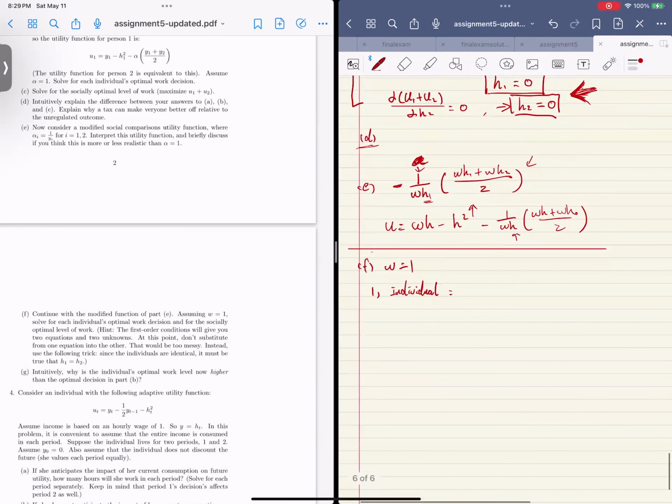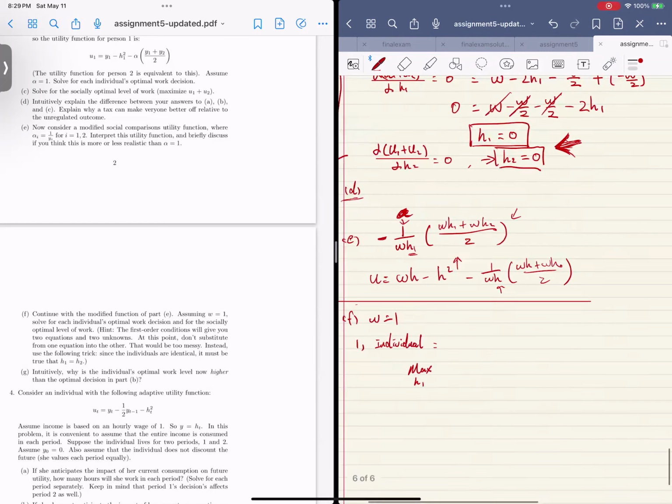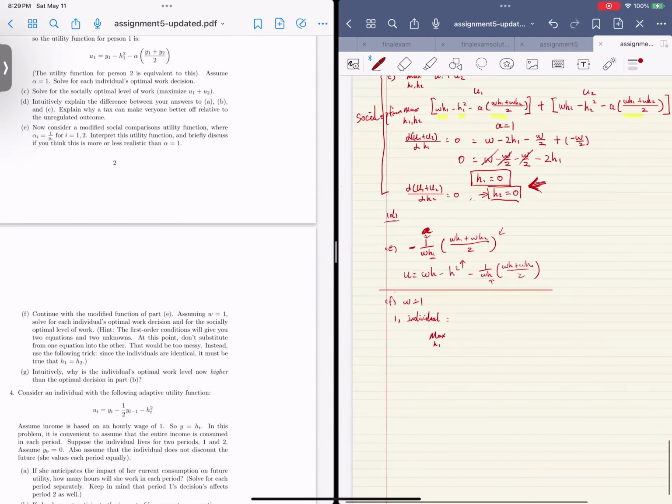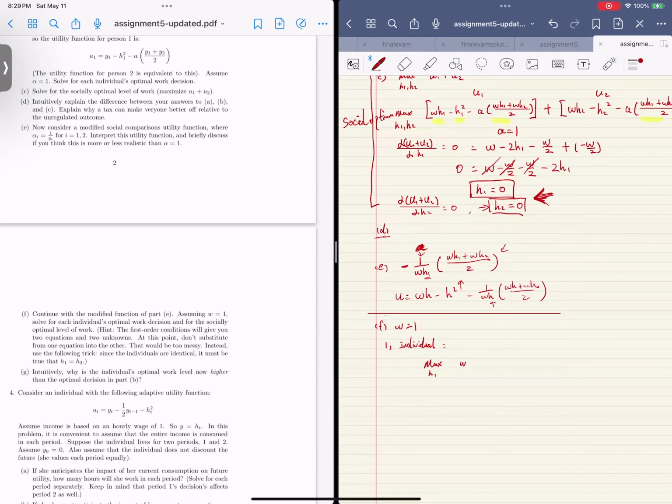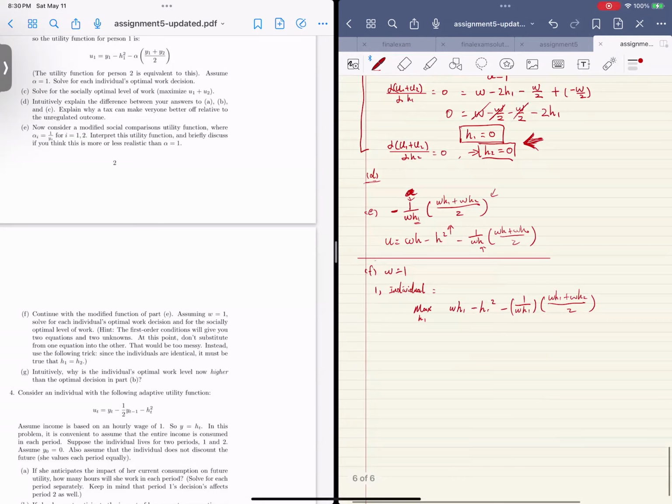So the individual will maximize over H1 the equation W H1 minus H1 squared minus 1 over WH1 times the coefficient WH1 plus WH2 over 2. So this is the individual's function.